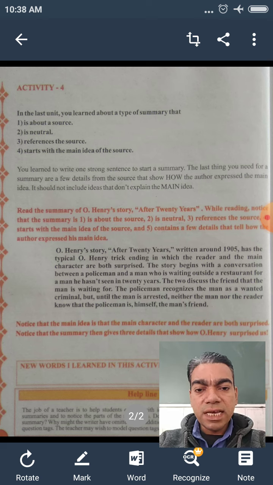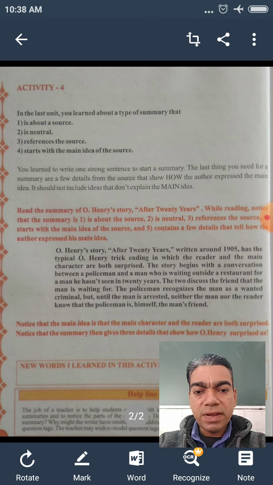After 20 years, they are going to meet. The two discuss the friend the man is waiting for. The man says he is waiting for his friend, whom he told they would meet here.